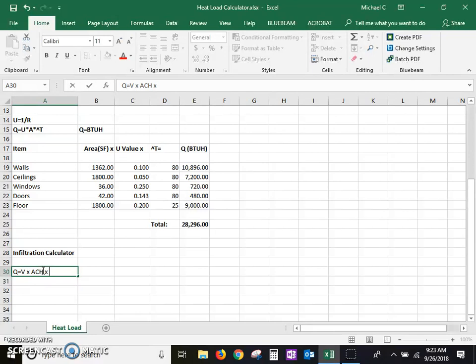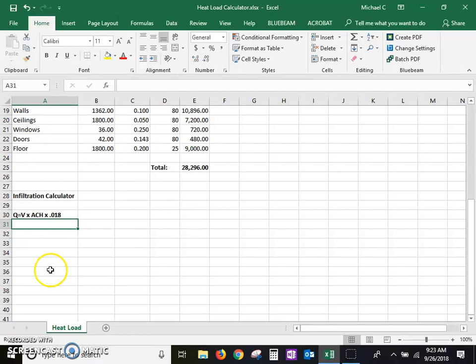Air changes per hour, times 0.018, which is a constant. Does that make sense?